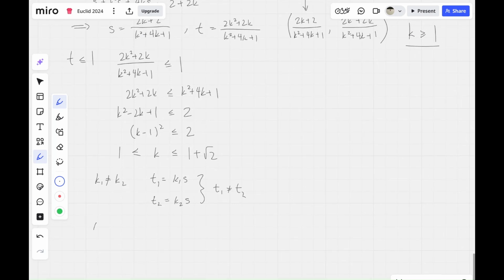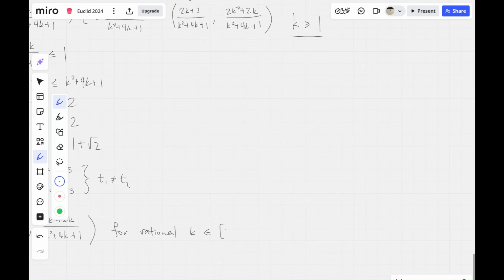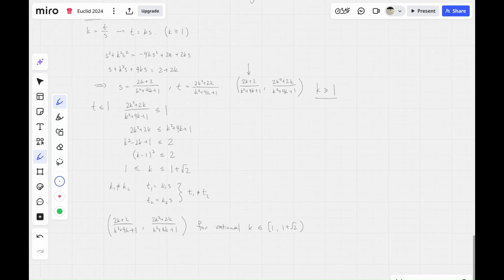Therefore, the infinite family of 2k plus 2 over k squared plus 4k plus 1, 2k squared plus 2k over k squared plus 4k plus 1, for rational k in 1 to 1 plus root 2, indeed satisfies the problem constraints.